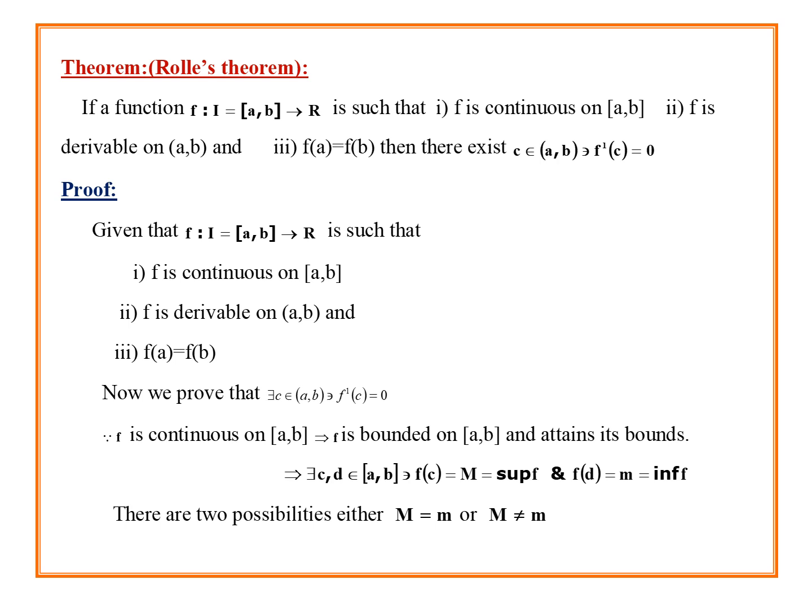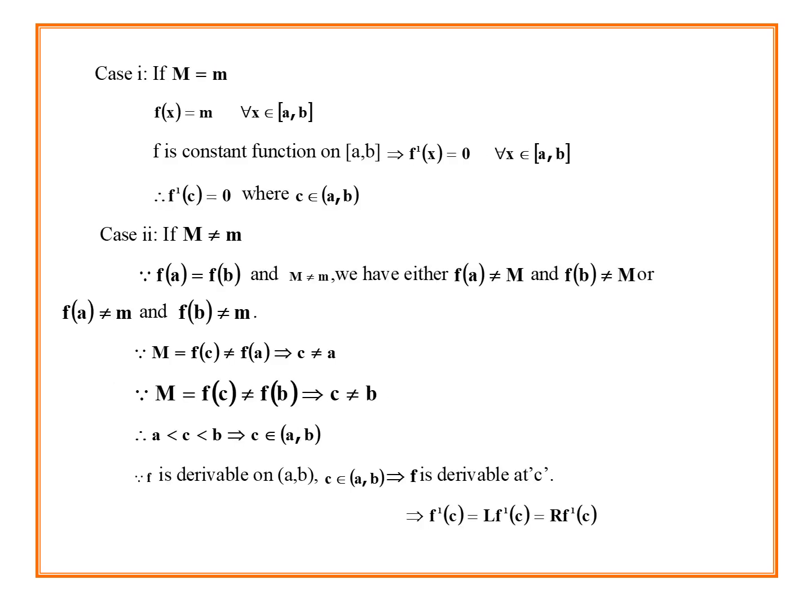There are two possibilities. Either supremum is equal to infimum, that is capital M is equal to small m, or supremum is not equal to infimum, which means capital M is not equal to small m. Now here we have two cases, case 1 and case 2. What is case 1?